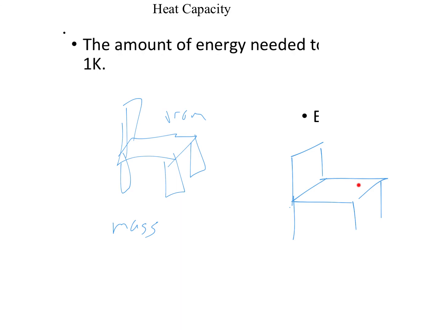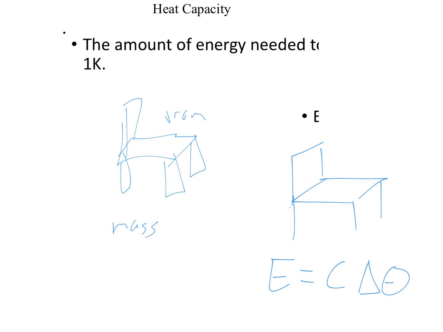We're talking more about objects and less about mass. Heat capacity is the amount of energy needed to raise the temperature of an object by 1 Kelvin. And its formula is E is equal to, no m, we do have a C delta theta. We use a capital C for heat capacity because it's different from specific heat capacity.